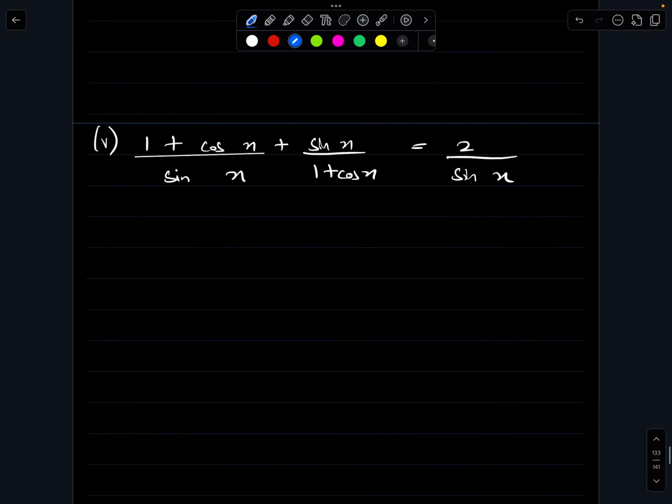Our last part is this. 1 plus cos x over sin x plus sin x over 1 plus cos x. Let's start by taking the lowest common multiple, shall we? So we have this.